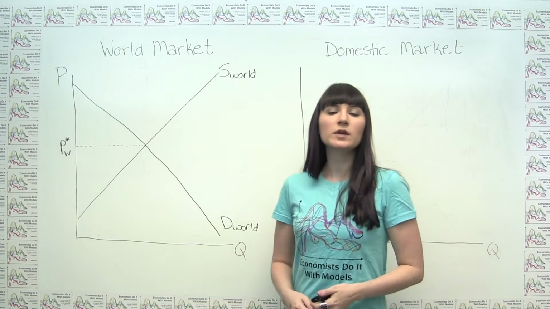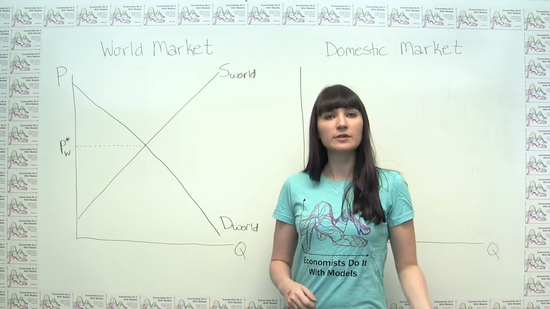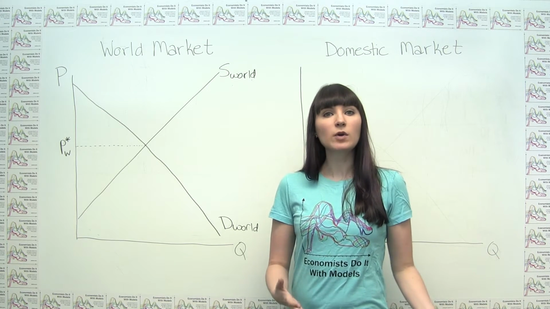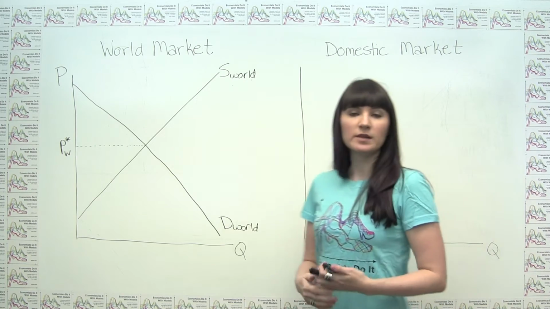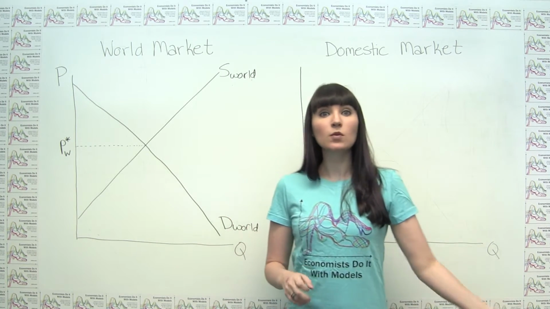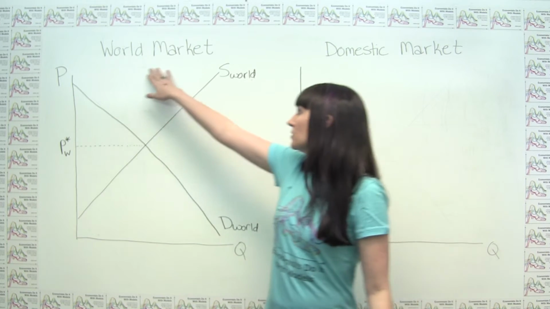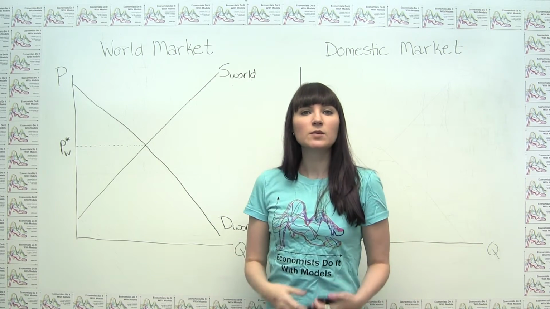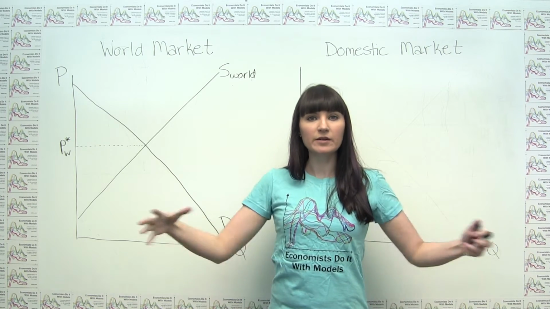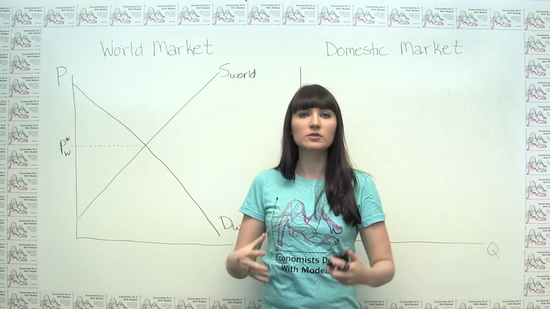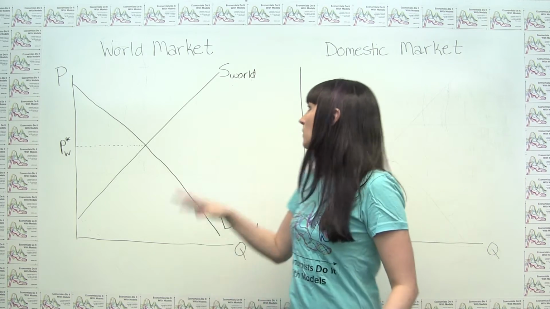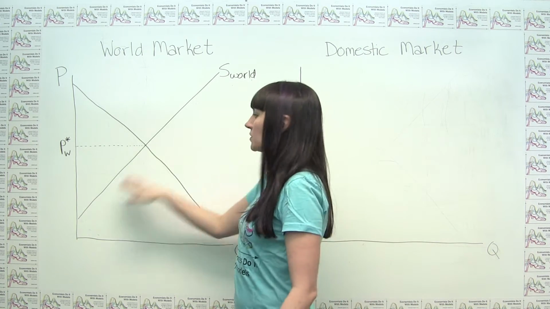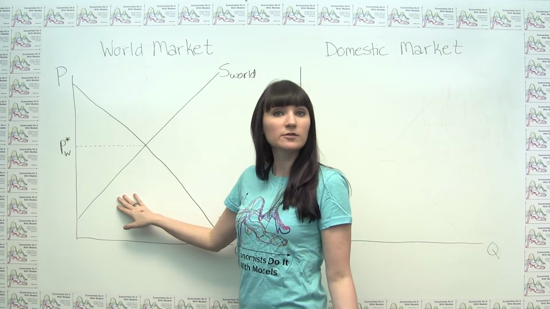To understand what it means to take the world price as given, we need to understand where the world price comes from. Not surprisingly, the world price comes from supply and demand in the world market. So here you can see I've labeled this world market, and if we were to think about all countries coming together and putting together the stuff they were producing and the stuff that they wanted to buy, we would get some world supply that again is upward sloping, as normal supply curves are.